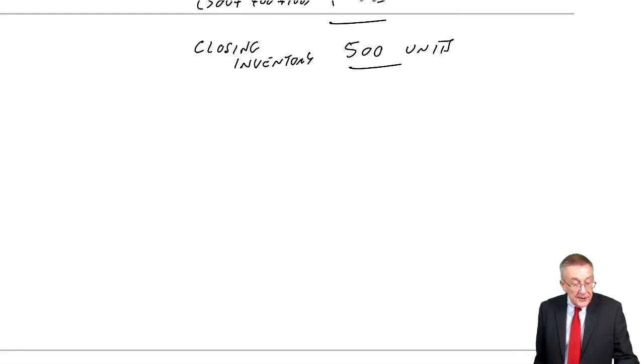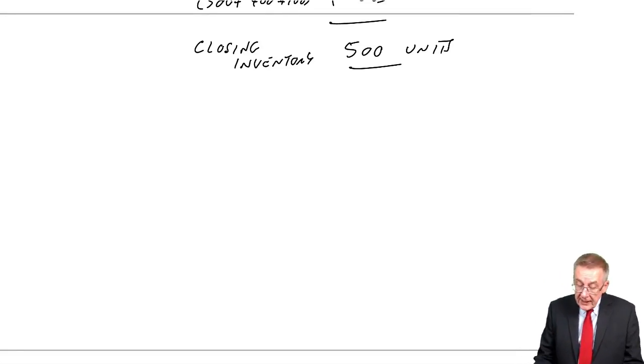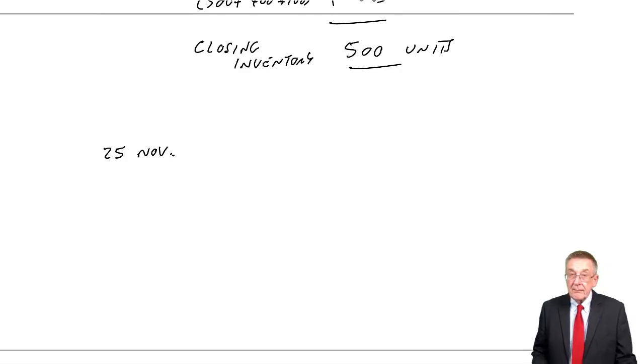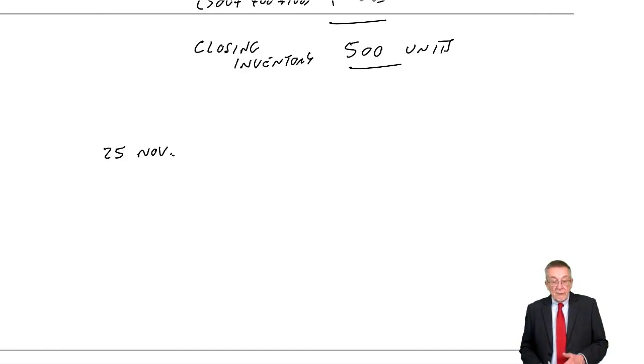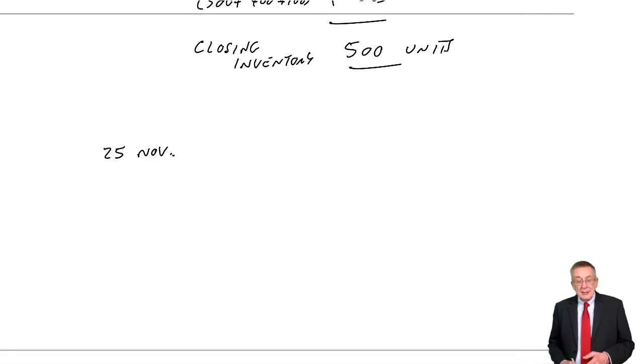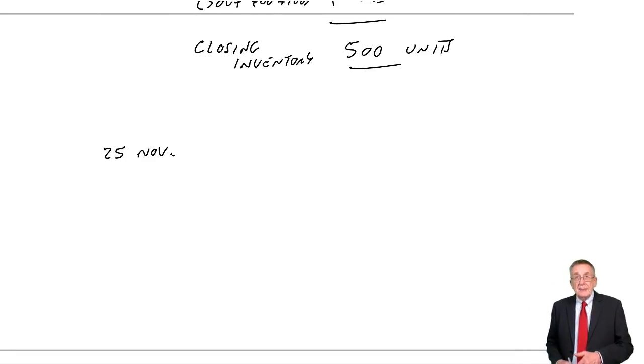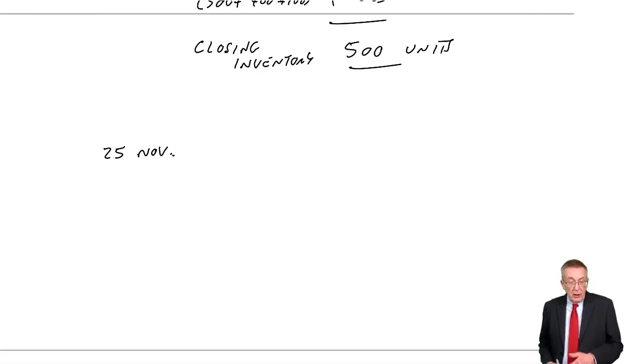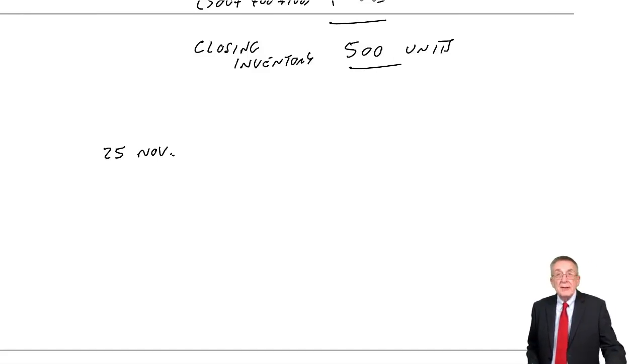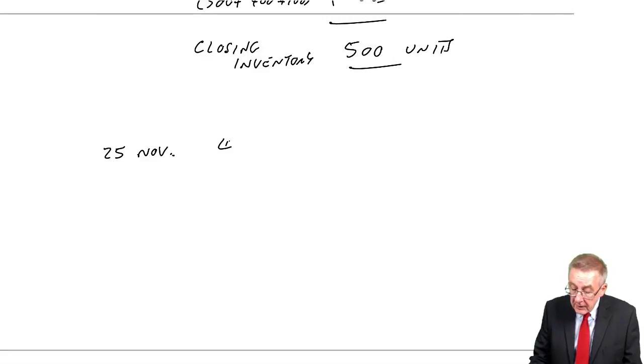Look at the list of purchases. The most recent one was on the 25th of November. Oh, now we bought 400. We've got a problem here. We've got 500 left, so all 500 can't have been bought on the 25th of November. We assume 400 of them were.